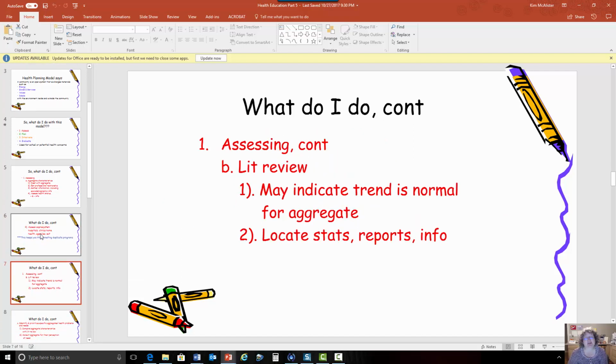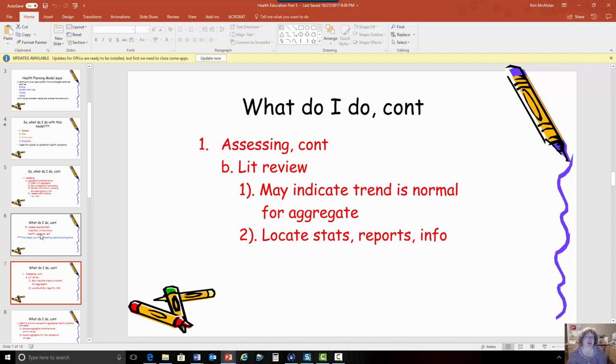The other thing that you want to do is conduct a literature review. Those of you who have taken research understand what this is. Those of you that will be taking it in January, we will be doing a literature review on some type of health problem that you choose. This is going to tell us whether or not the trend or the issue that this community is going through is something that's normal, or is this something out of the ordinary?